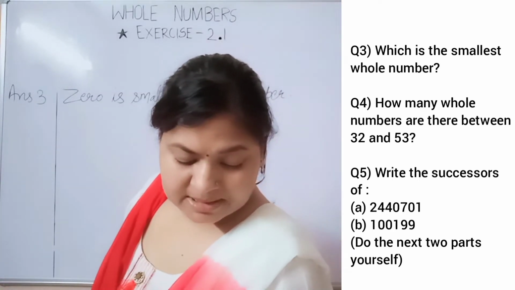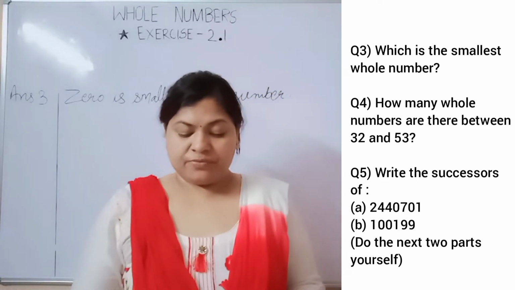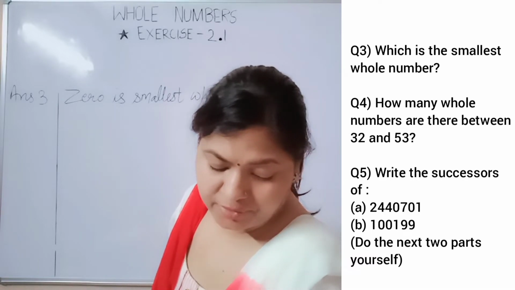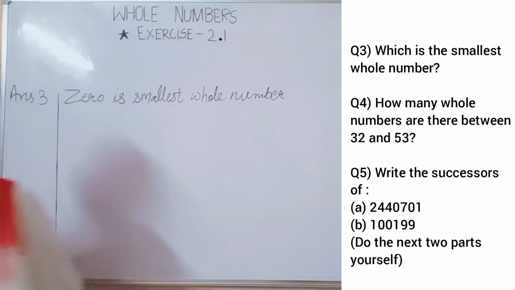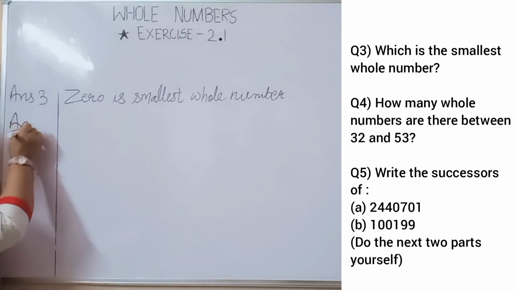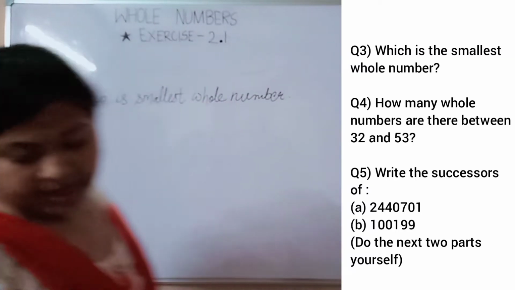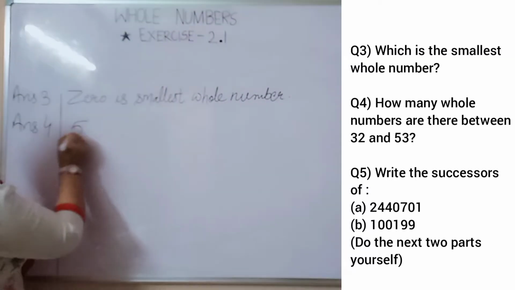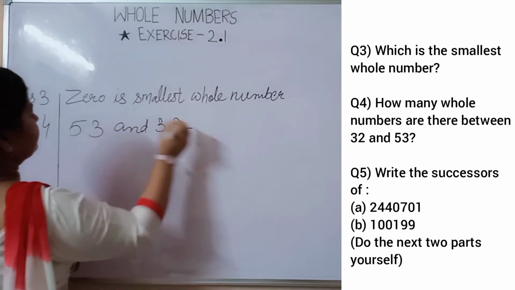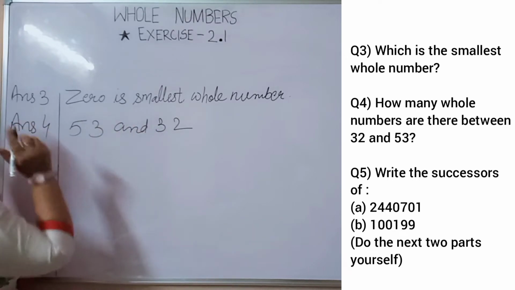Question number 4: how many whole numbers are there between 32 and 53? So to find out the numbers, first we will subtract 32 from 53. The question was 53 and 32. The first step is to subtract 32 from 53.